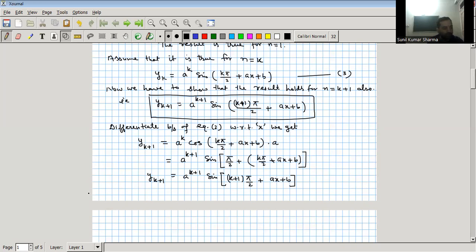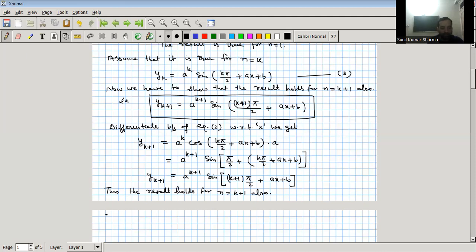Thus, the result holds for n equal to k plus 1 also.